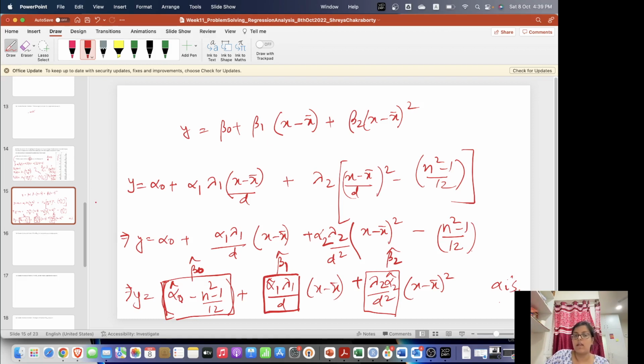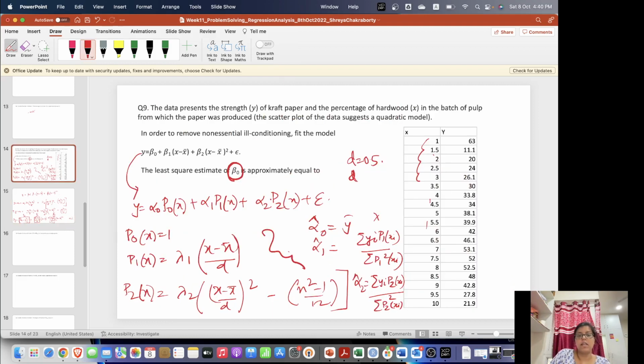If you are given a polynomial regression form, then it's good. If not, if it is equally spaced, then you have to use these forms. This was as discussed in class, and lambda you have to choose in such a way that p1x and p2x become integers.